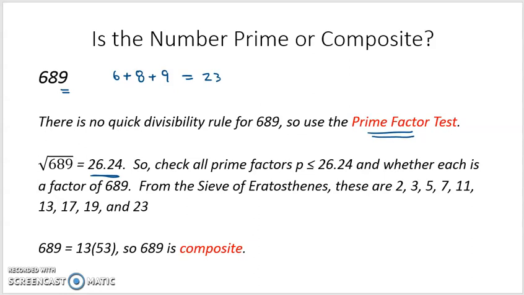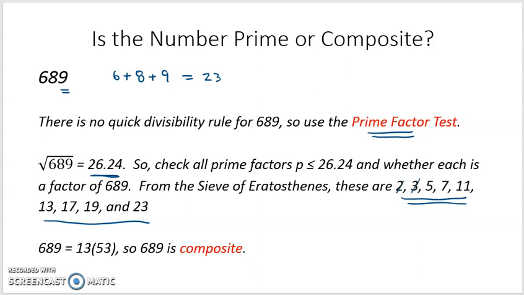From the sieve of Eratosthenes, you would find all of those prime factors that are less than 26, and I've got a list right here. So what is there? 9 of them. So we need to check 9 factors to determine whether each one is a factor of 689. I've already done a couple of them. I've already ruled out 2.